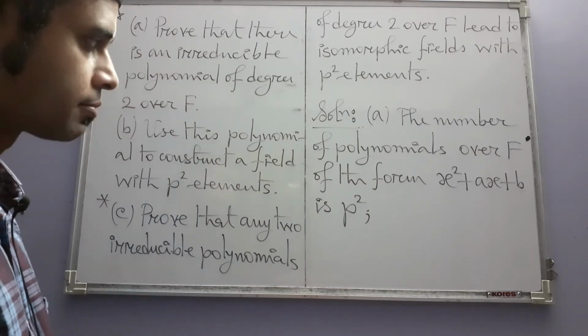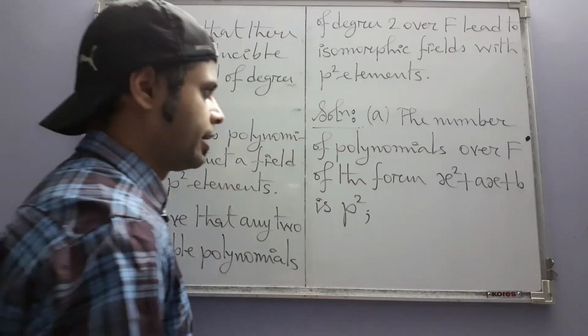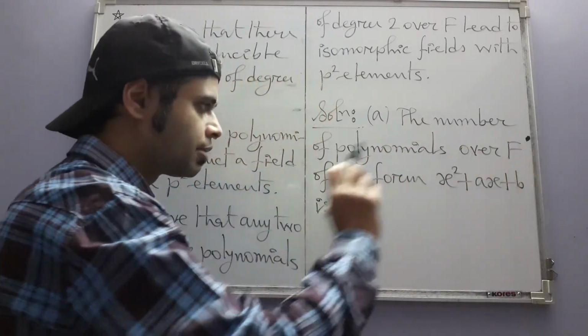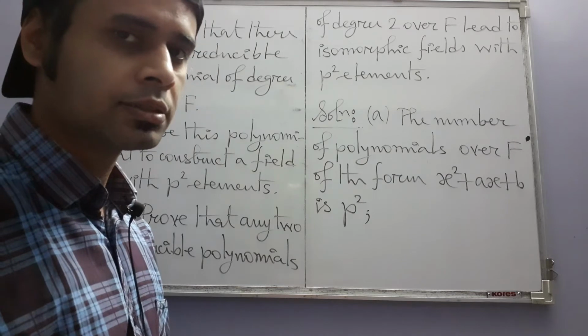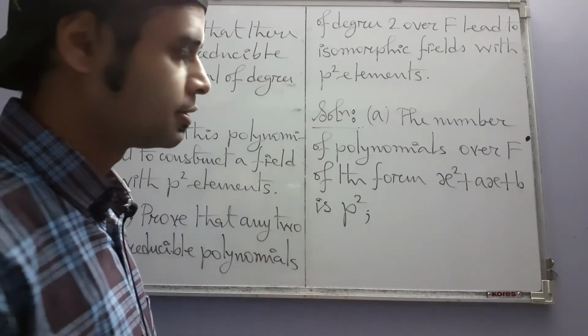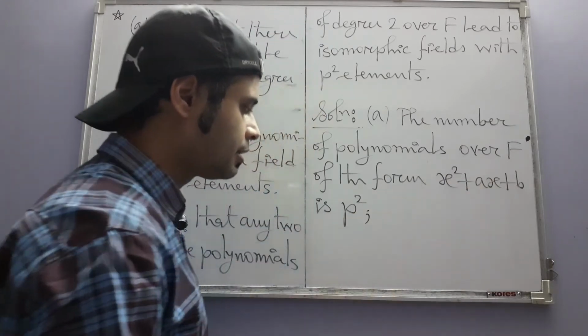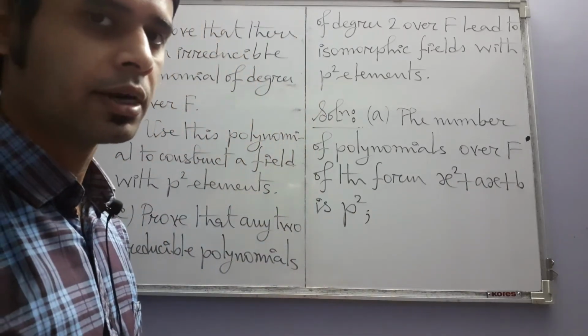Okay, but before that, note that the number of polynomials over F of this form of course means the number of distinct polynomials. Now we are saying that such polynomials are p square in number.